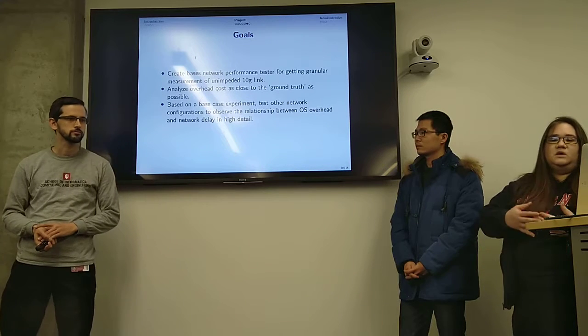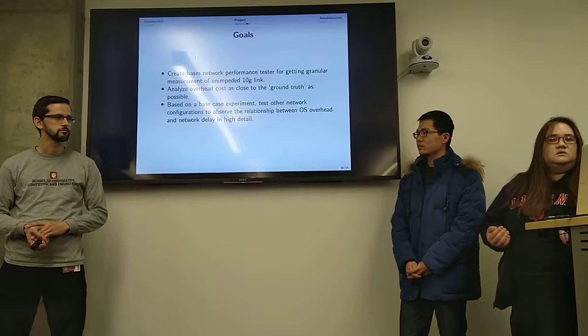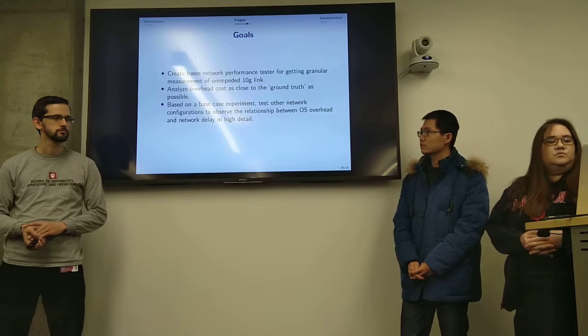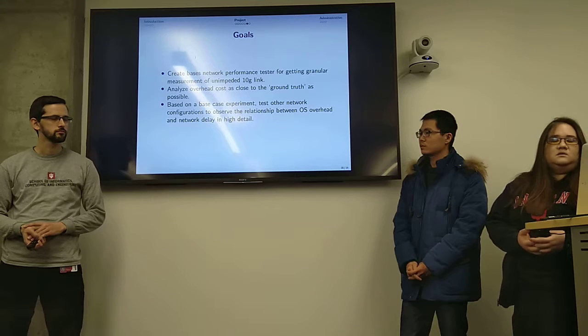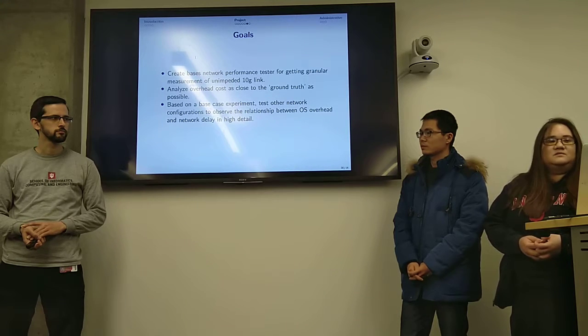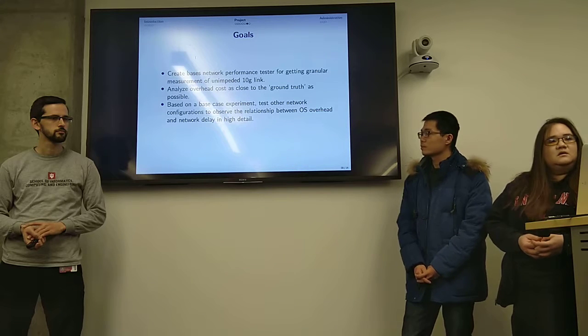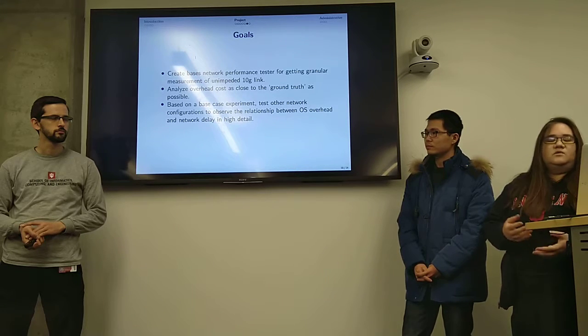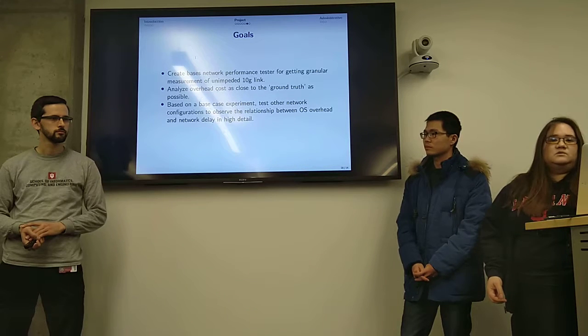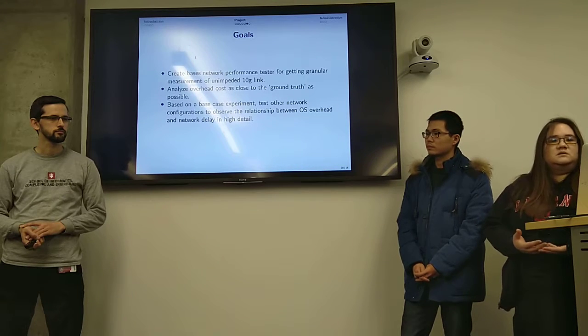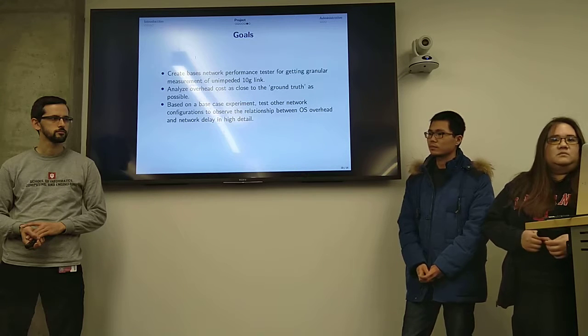In other words, we want to measure its link throughput and see if there are things that we can do to improve the performance. We also want to see what the overhead cost is. Now it's more difficult than you would expect with things being so low level. In your operating system, there's tons of other processes going on. By the time you go from network card up to the application layer where you might be doing some performance testing, you can lose a lot of time. And also the time measurements can vary significantly.